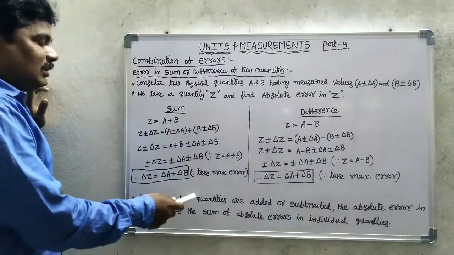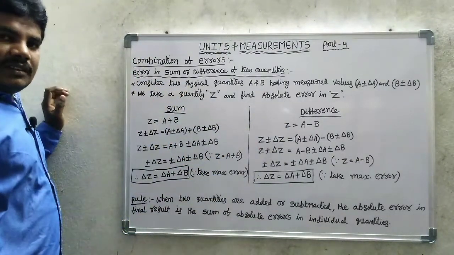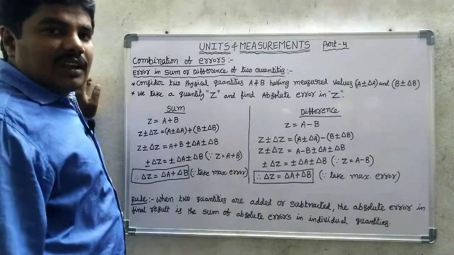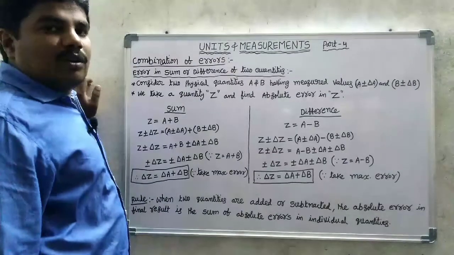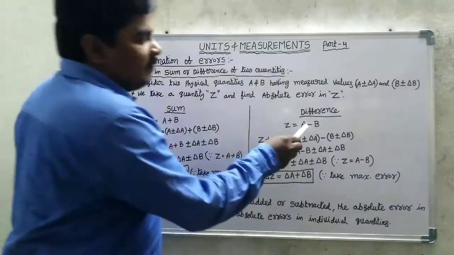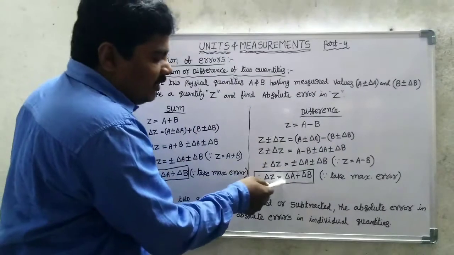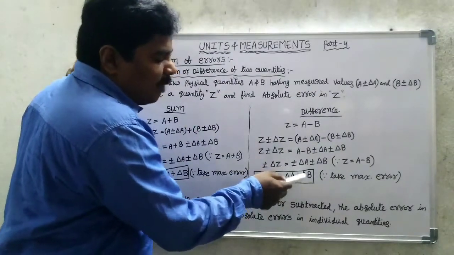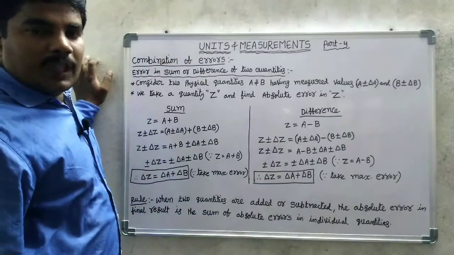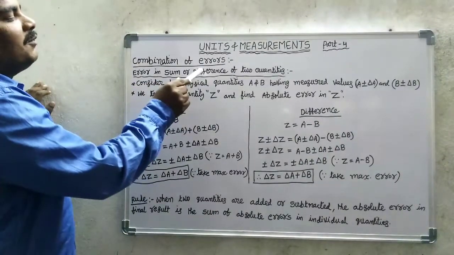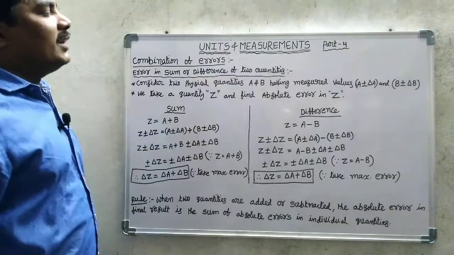The absolute error in final result is always equal to the sum of absolute errors in individual quantities. Even though a minus sign is present, in the final result we get a positive sign. So that is about error in sum or difference of two quantities.